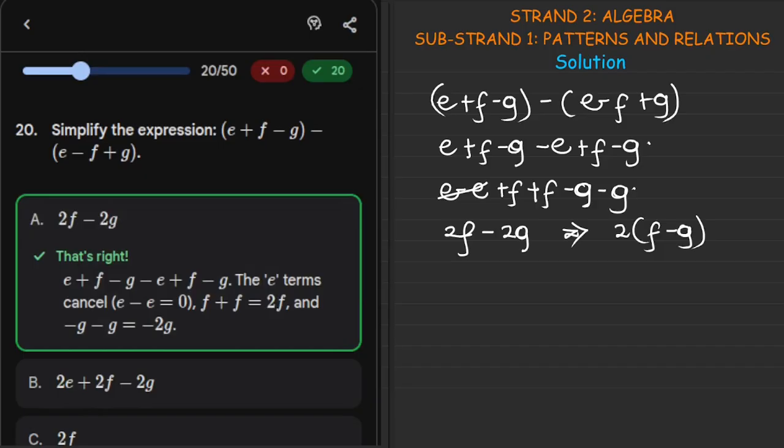Question number 2. As usual, we would end here and then rest for 1 minute, after which we then continue from question number 21.